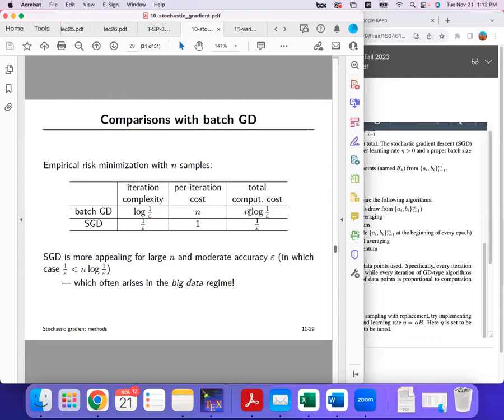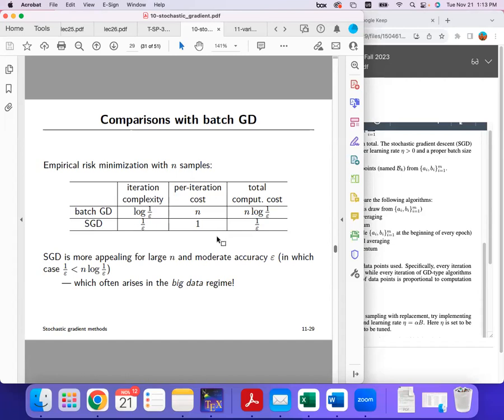Gradient descent is one extreme case where we have a very fast convergence rate, but every time we pay a lot of cost just to deal with all the data in every iteration. SGD is another extreme case where every time we are dealing with a single data point or a small mini batch of data, but the convergence rate is very slow. So the question is, can we do something in between? Can we combine the advantage of both methods and really get the best complexity results?